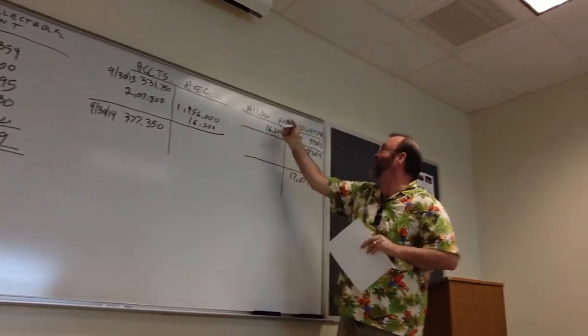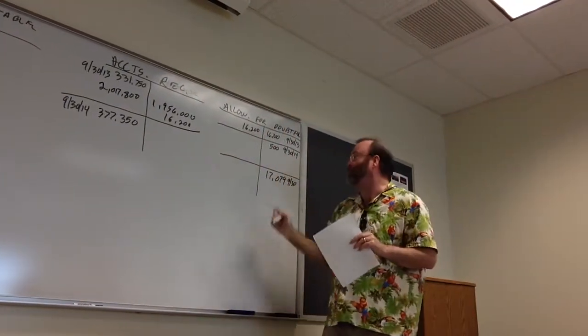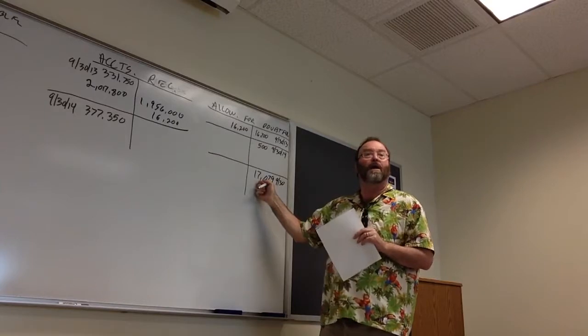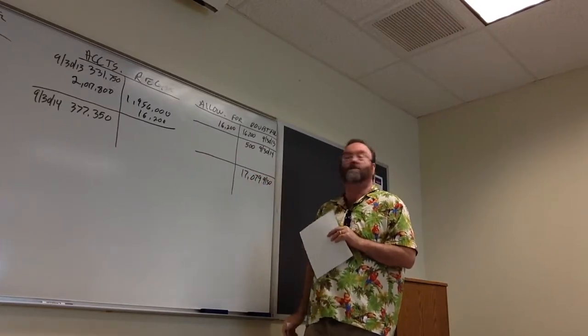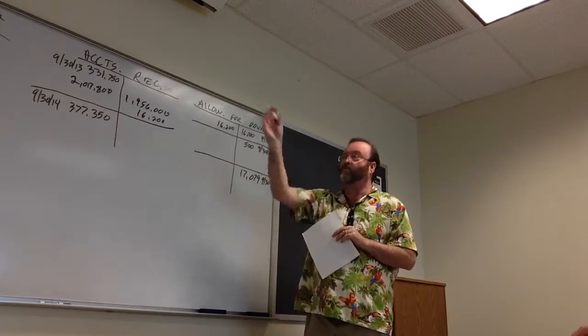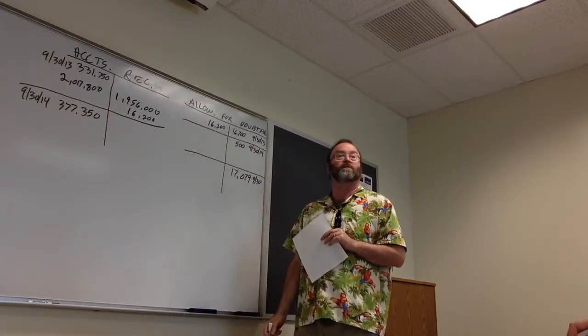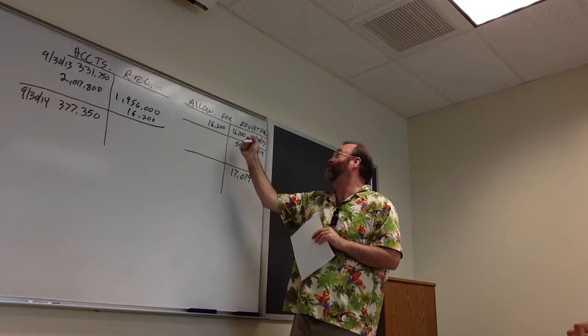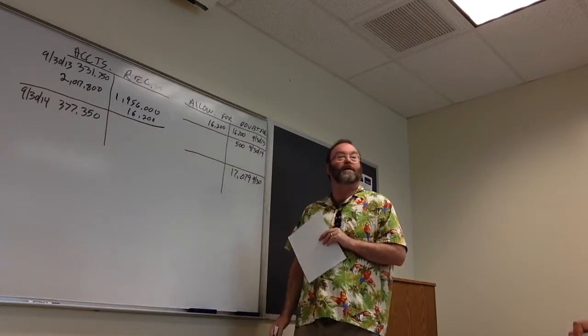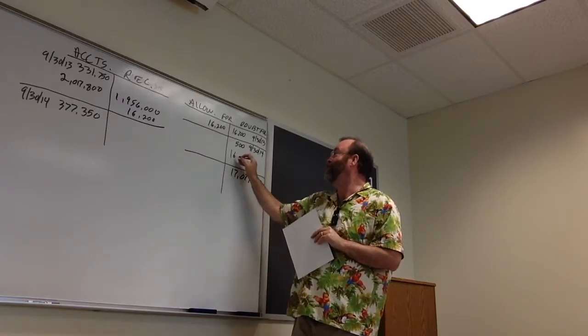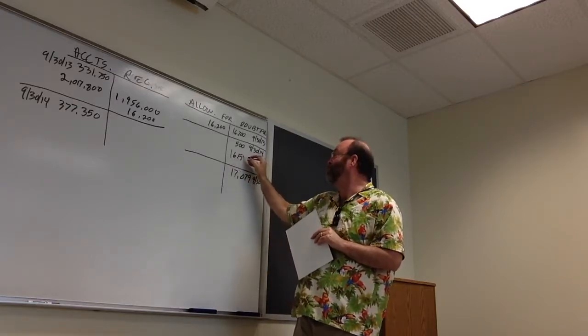So the balance in the allowance for doubtful accounts has to be adjusted to $17,079. That's what your analysis tells you. So how do you get from here to here? $16,579.